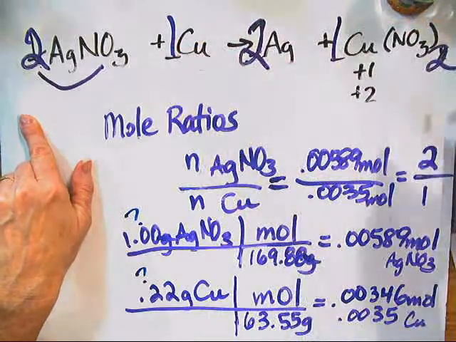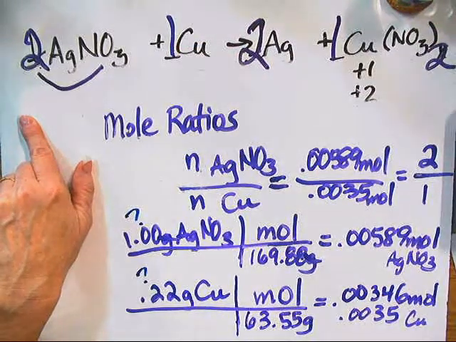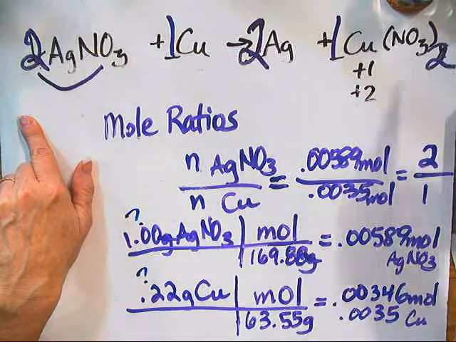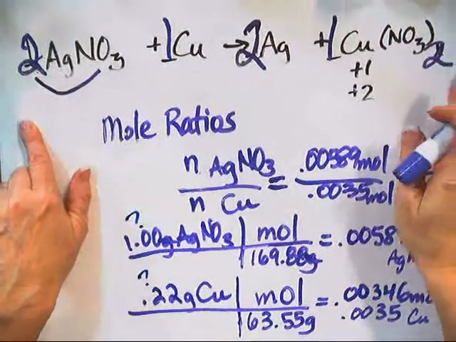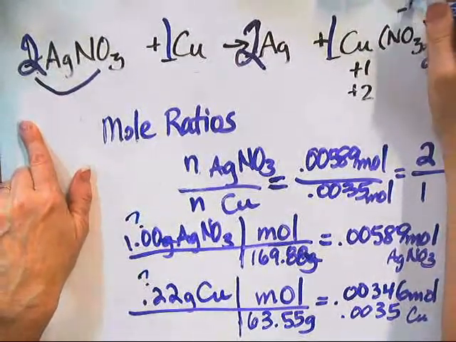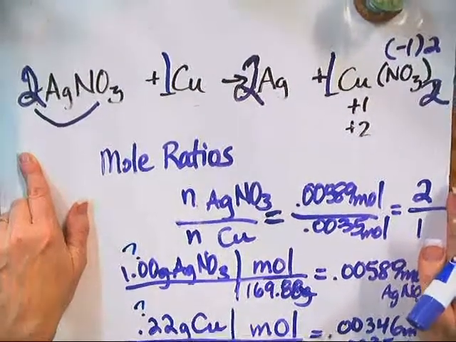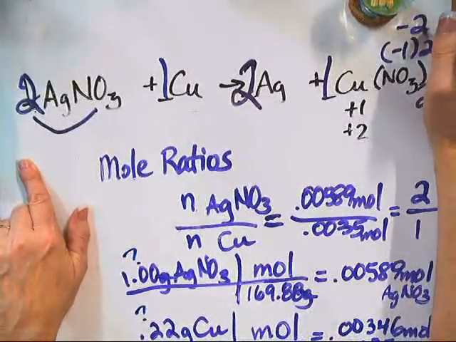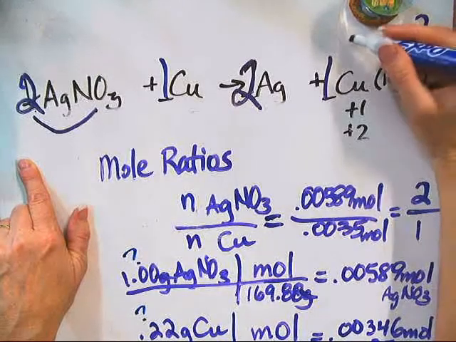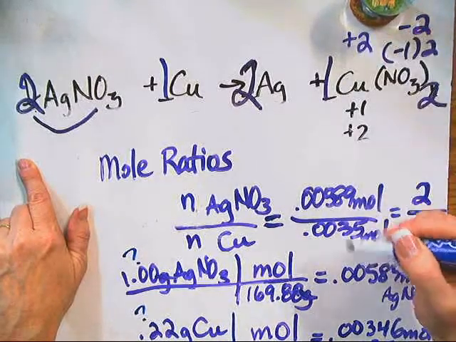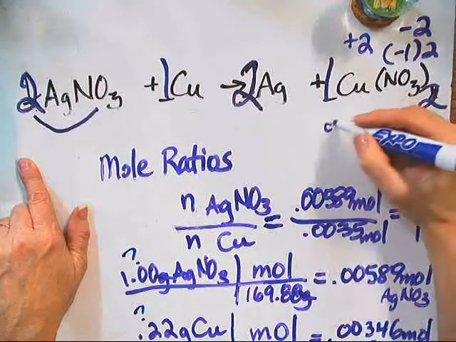So that tells me for every copper, 2 silver nitrates reacted. Well, if I had 2 silver nitrates reacted, how many silvers were produced? 2. And then how many nitrates? 2. 1 copper nitrate, but containing 2 nitrates.